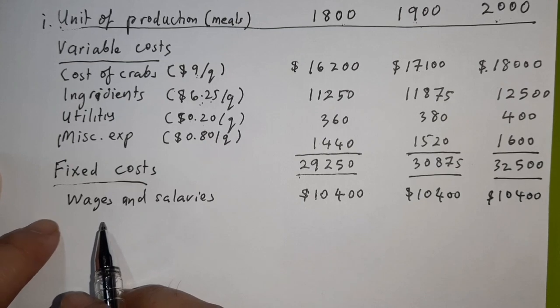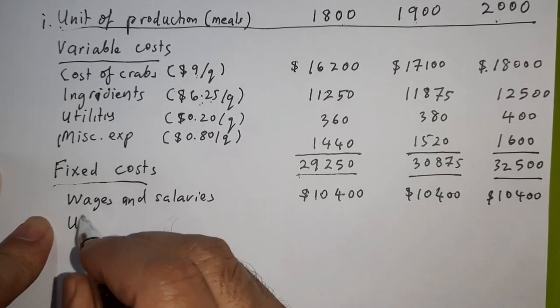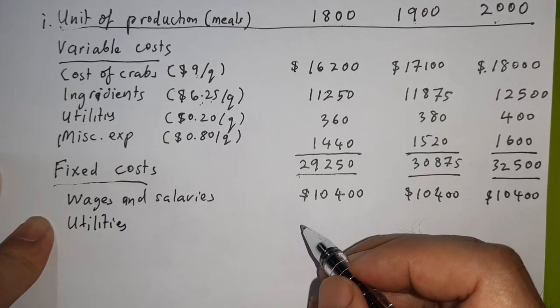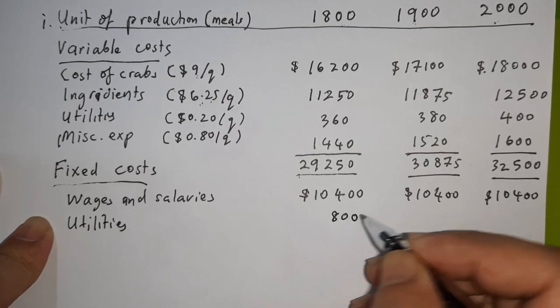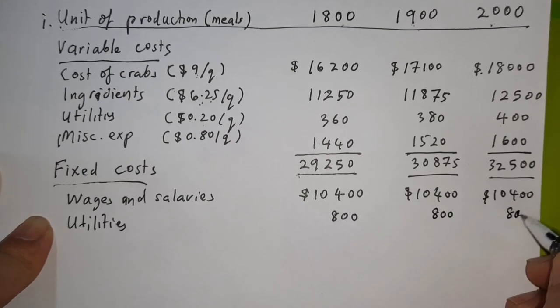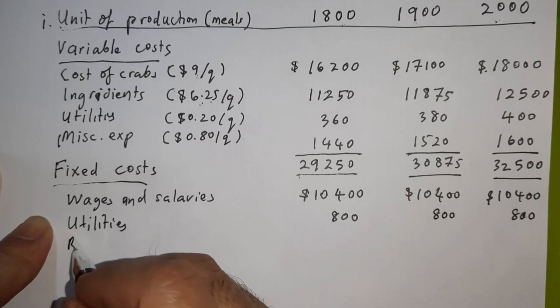And then the second fixed cost is the utilities. The utilities is 800 per month. It is fixed. It is the same at every level of production. And then the third one is the rental.